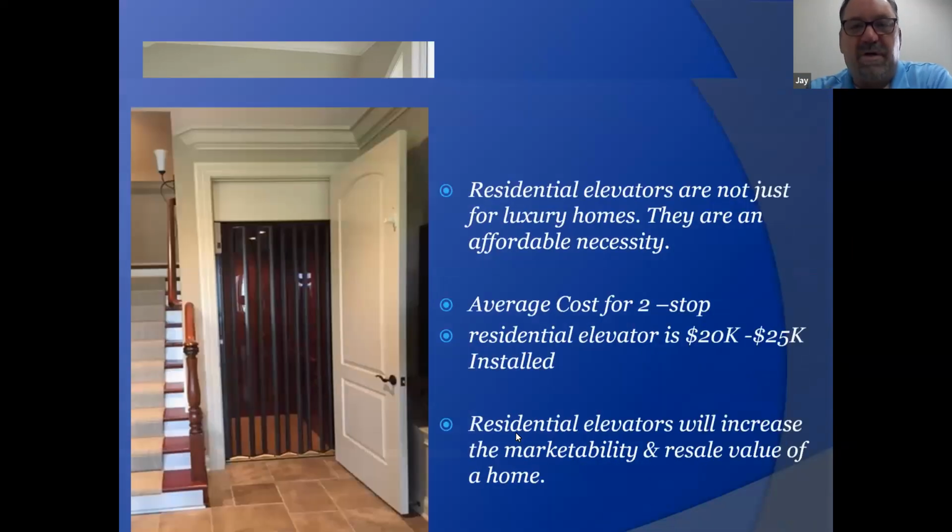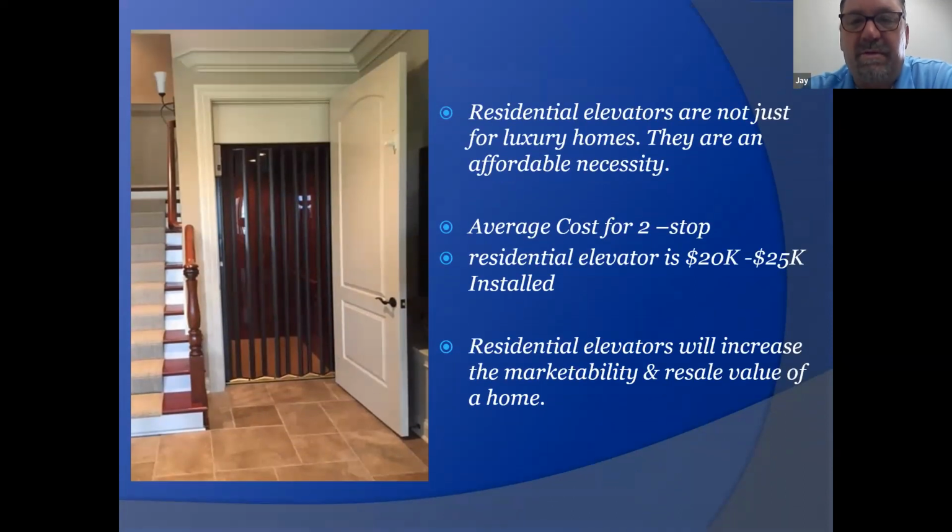Residential elevators are not just for luxury homes. They're an affordable necessity. The average cost for what we call a two-stop, which is first and second floor, without the hoistway: you can get a wheelchair size elevator in Texas, because the West Coast, like California, can be more expensive, for $20,000 to $25,000 installed.